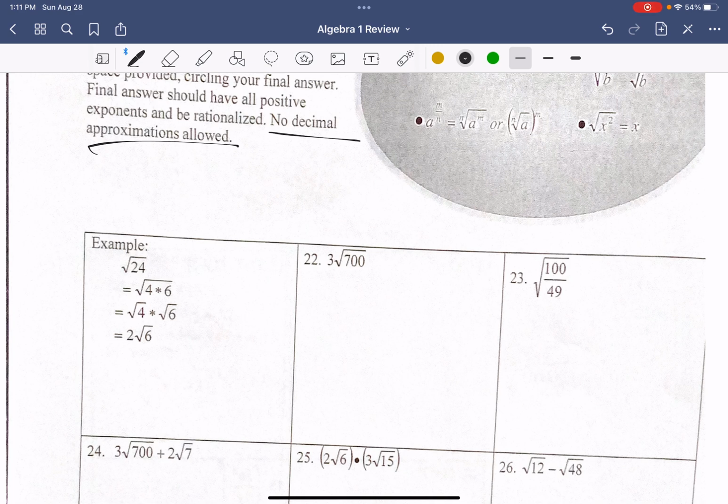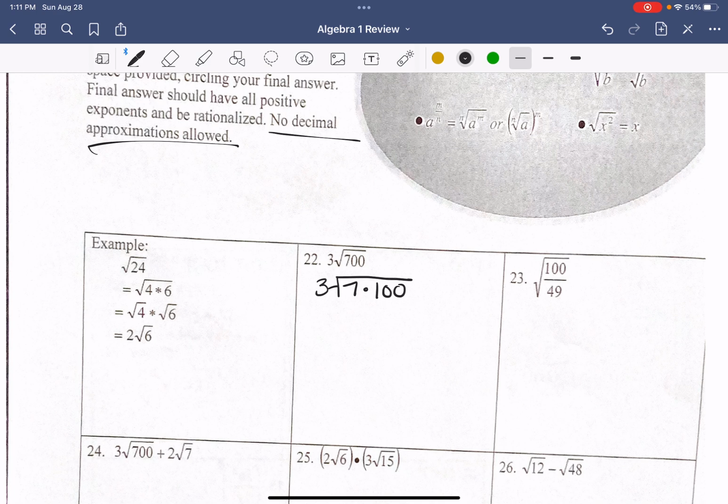So for number 22, whenever I see a number like 700, so 100, 200, anything like that, I'm going to say, all right, that's 7 times 100. And the idea with simplifying these radicals is we're looking for perfect squares. 100 is a perfect square.